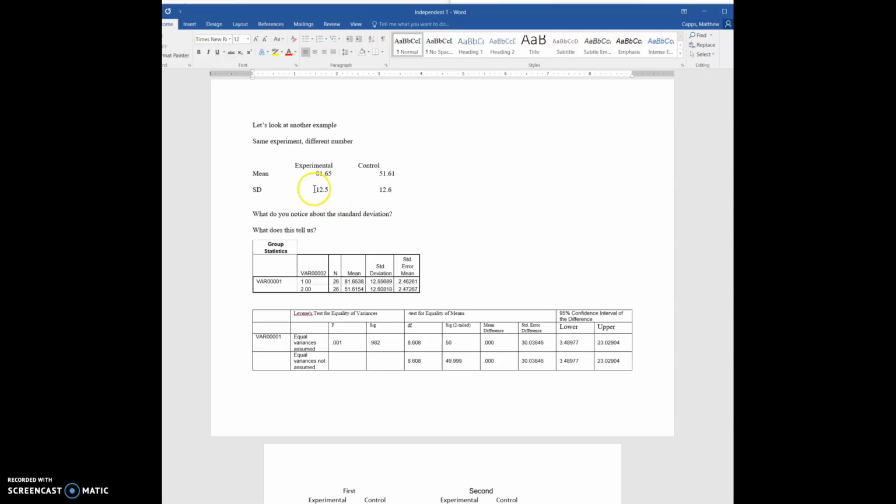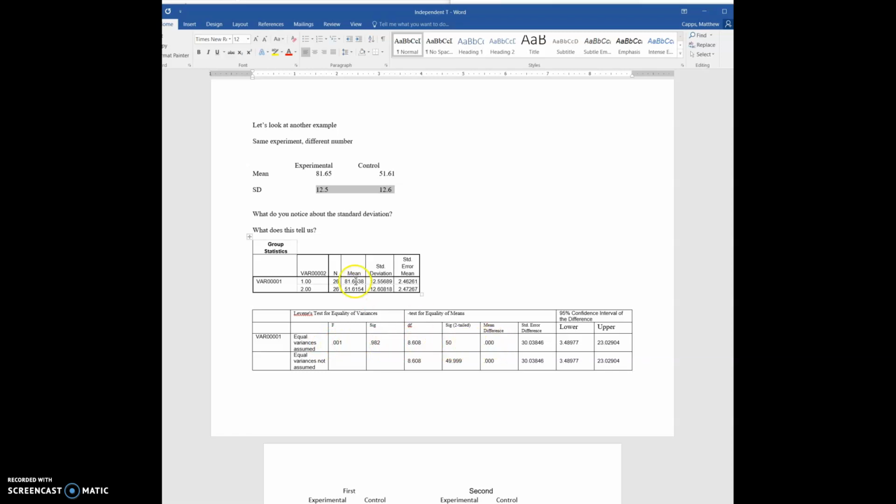So what we'll notice now is these standard deviations are pretty close to one another. We go down here and we check the Levene's test for equality of variance. We notice that this number, not only is it greater than 0.05, it is much greater than 0.05. So we can stay on this line to make our decision.